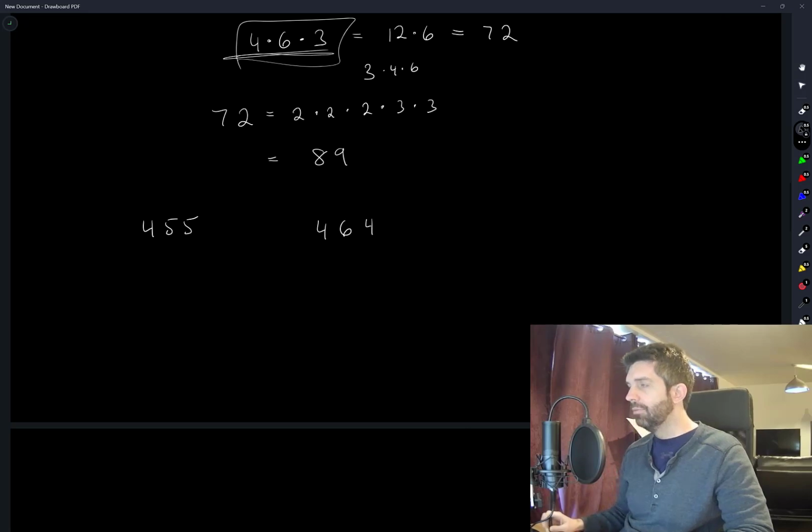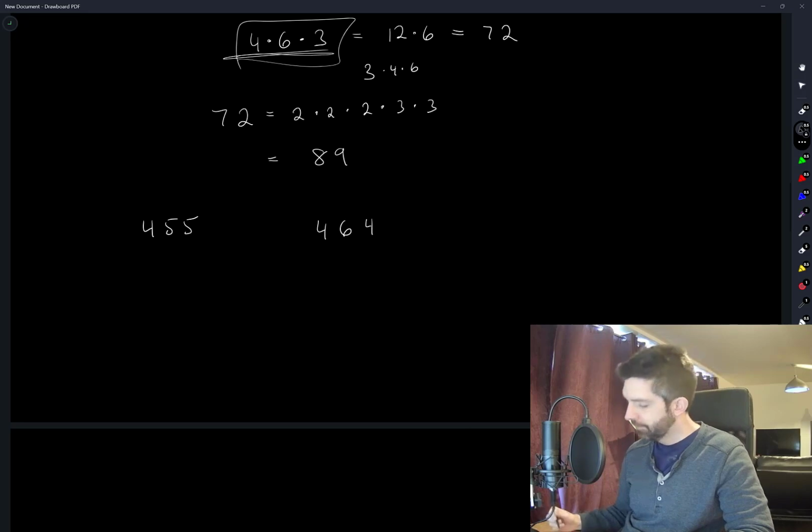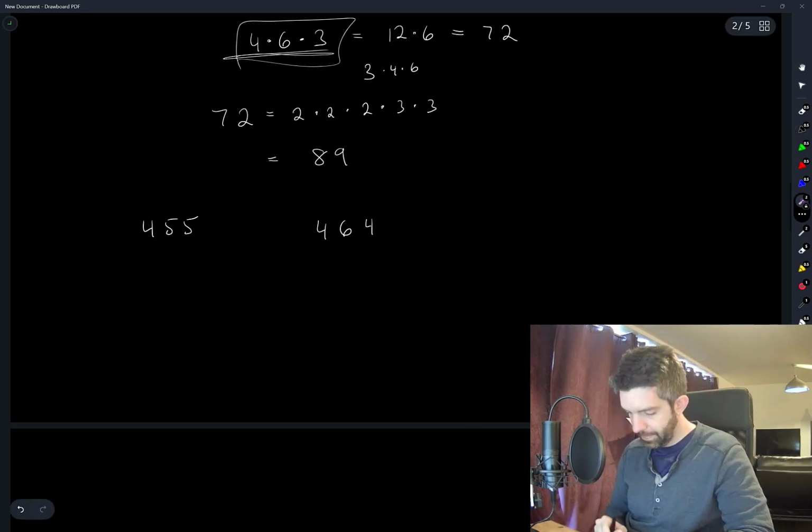Yeah, so for 455, the digits have to be increasing. So if the result is greater than 455, there's not going to be a 3-digit number.